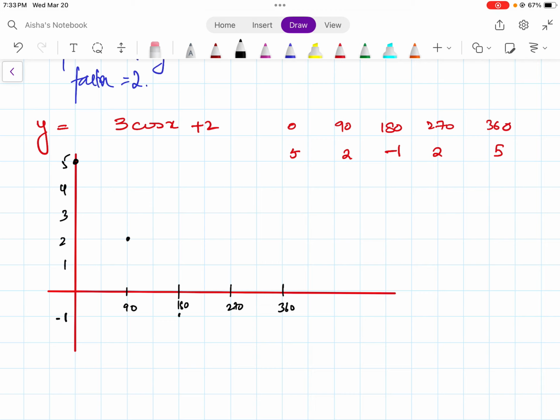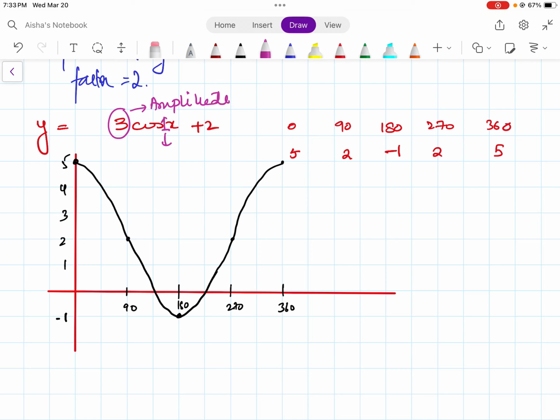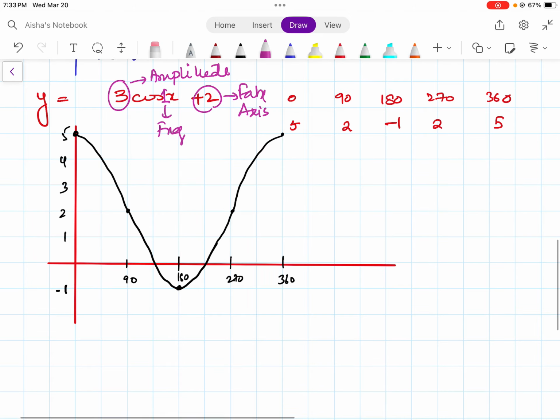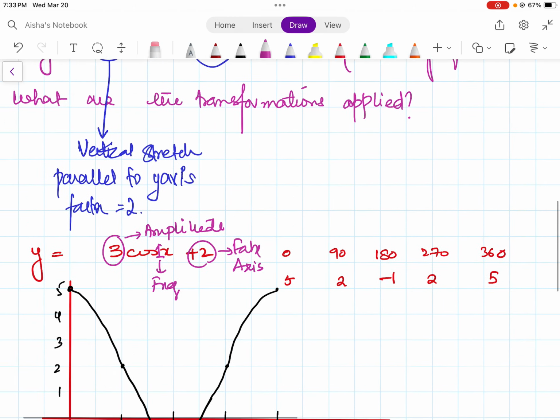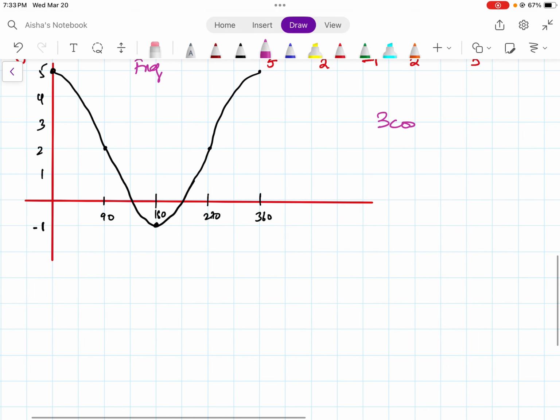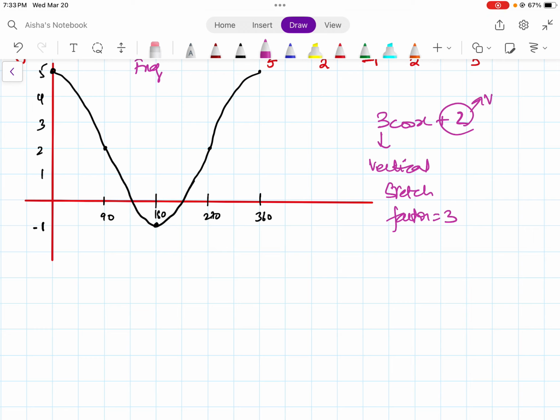At 180 it's minus 1. Now again, this represents amplitude. There is 1, so this is frequency, and this is the false axis. Alright, now if you talk about 3 cos x plus 2, it is a vertical stretch, factor 3, and a vertical translation of plus 2 units.